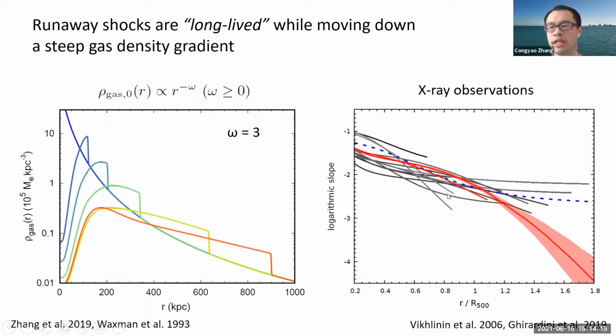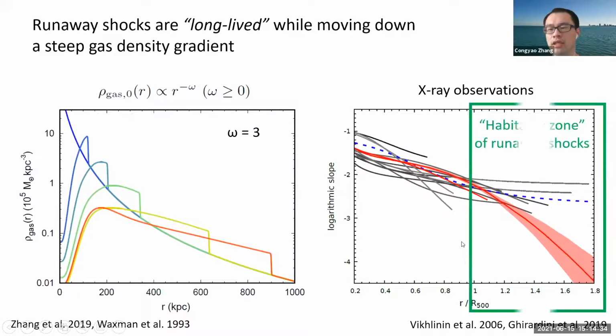These solid lines show you the slope of gas density profiles as a function of cluster radius measured in X-ray observations. You can see that generally beyond R500, the slopes are close to -3 and even reach up to -4. So these observational results suggest that there is a habitable zone populated by runaway merger shocks in the outskirts of galaxy clusters beyond R500.